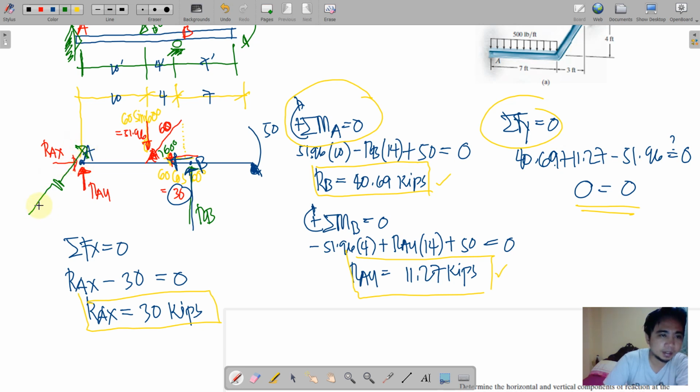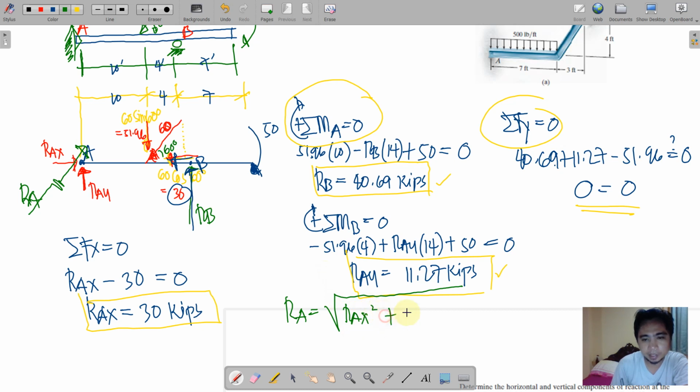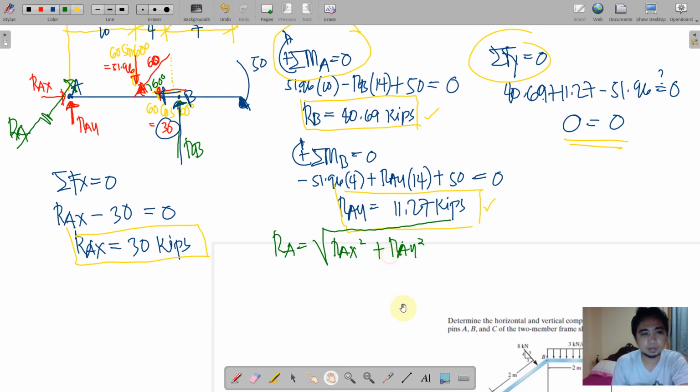Magkakaroon yan ng resultant. Say this is RA. And we'll know that in getting RA is just equal to square root. Gagamitin lang natin yung Pythagorean, ano? RAX, this squared plus RAY, this is squared. So I'll just compute it directly, you know.